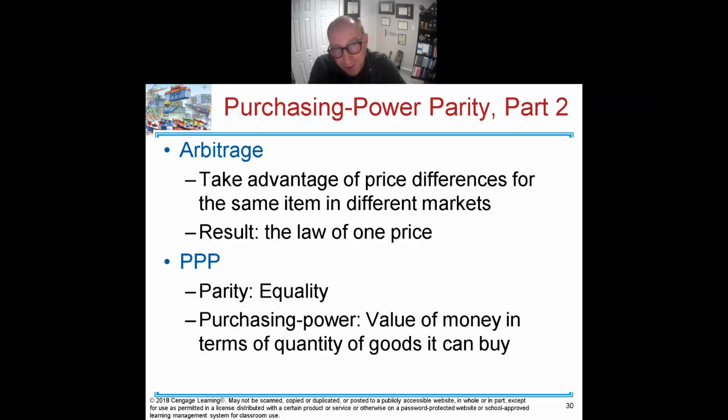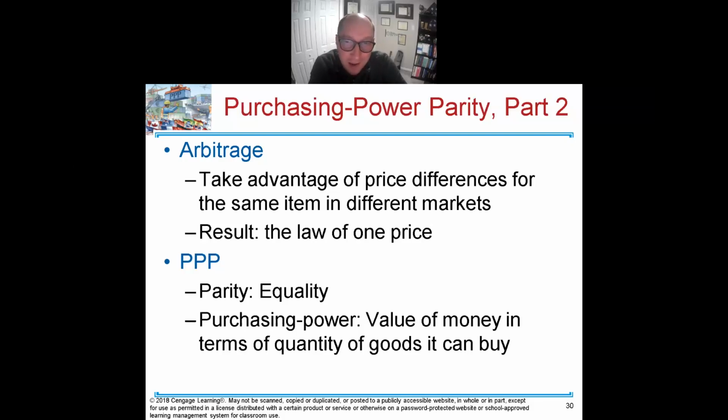Oftentimes, individuals will take advantage of the difference between the values of two different currencies. What I mean by that is I can invest in another country's currency and wait for that currency value to go up and then sell that currency or exchange it back, right?